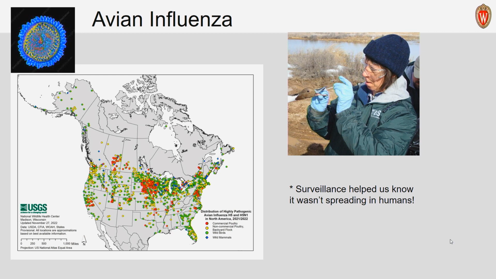But the important thing was, because of our routine surveillance, testing a smattering of positive, testing high-risk patients who had had contact with infected birds, we could see that it wasn't jumping to humans. And if it did, we could quickly quarantine them, put those public health practices in place, and prevent the spread from this potentially zoonotic jump from the avian influenza.